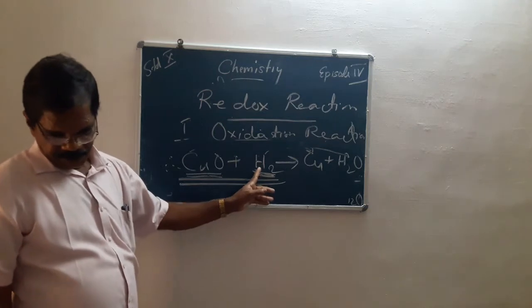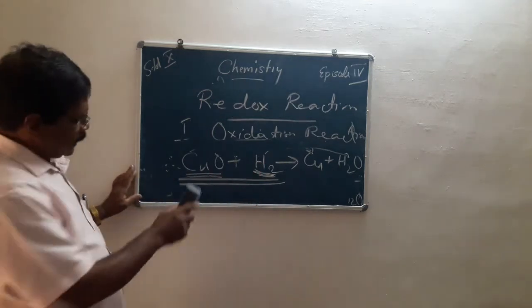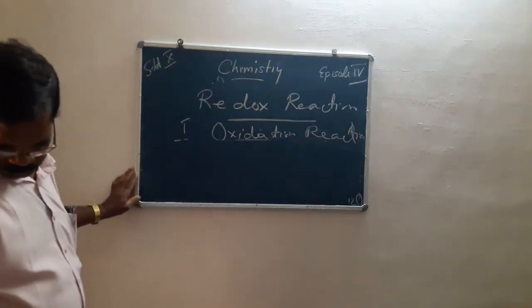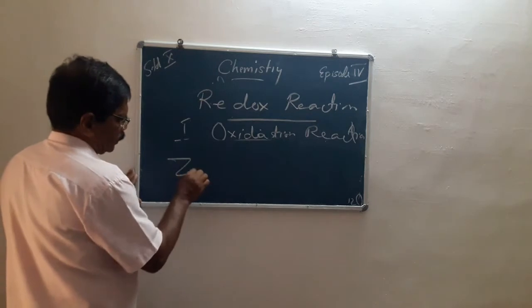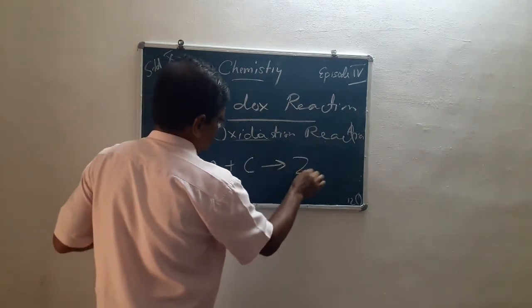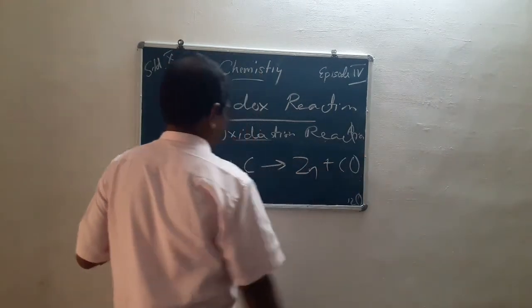There are examples in your textbook. For example, zinc oxide when heated with carbon turns to zinc plus carbon monoxide.